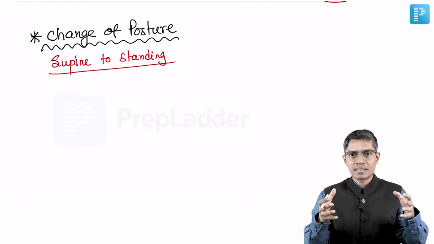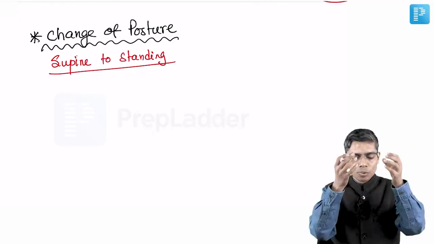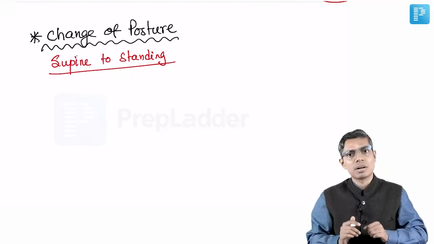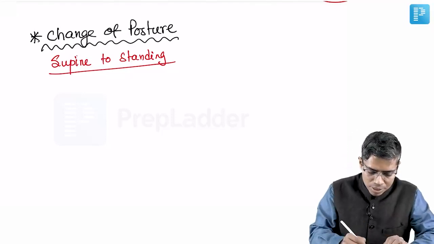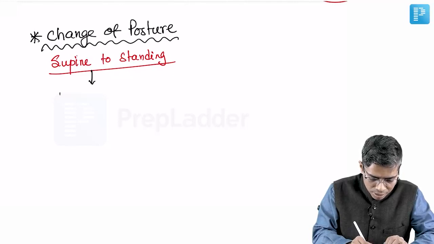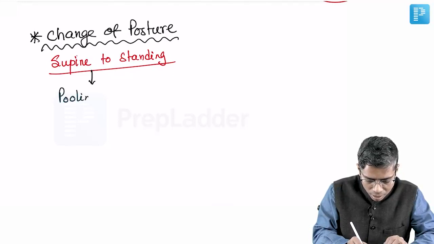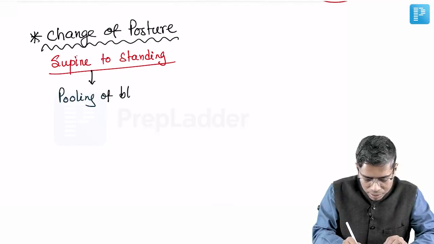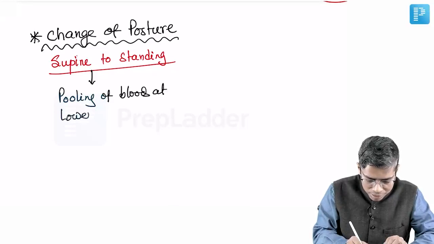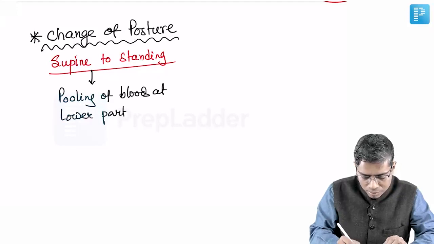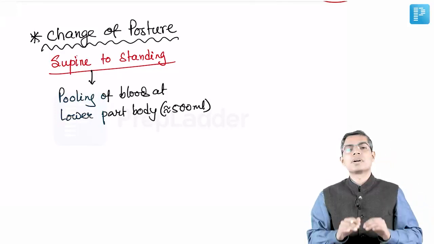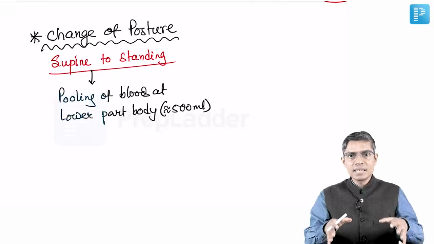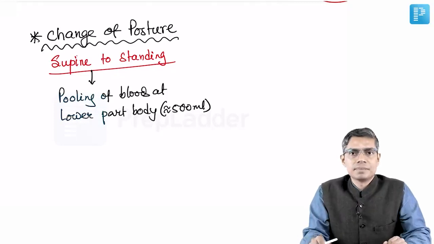Because the veins have huge capacities to store blood, I am writing here that because of this sudden change of posture, there will be pulling of blood at lower part of the body, mainly in the level of thigh and leg region and the abdominal vein region.